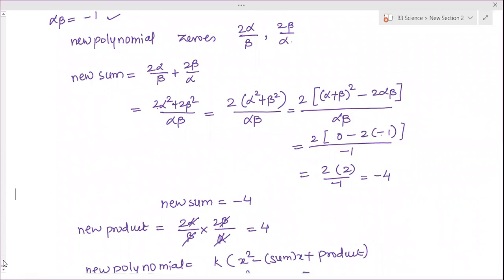Ma'am, I have a doubt. In that science folder, I have already submitted something. So should I unsubmit it? Unsubmit and submit, both will remain there only. Okay, ma'am. After unsubmitting and submitting, the earlier file and the new file, both will be there.